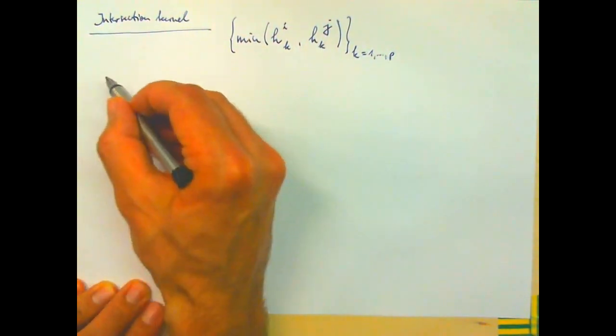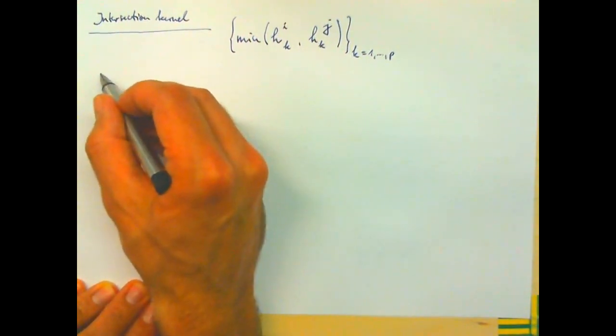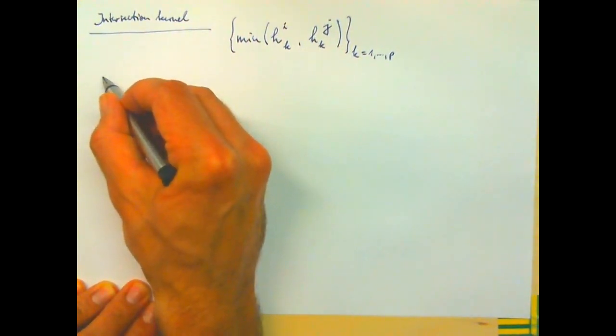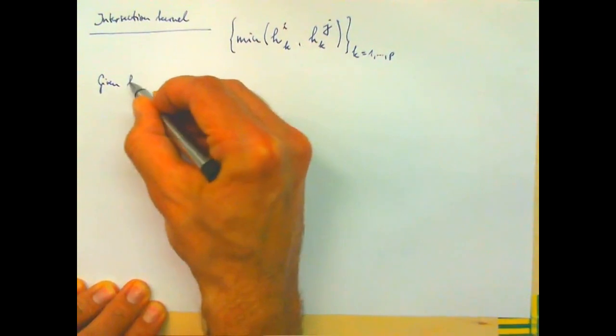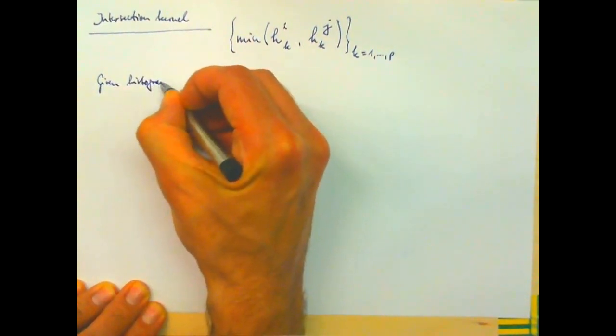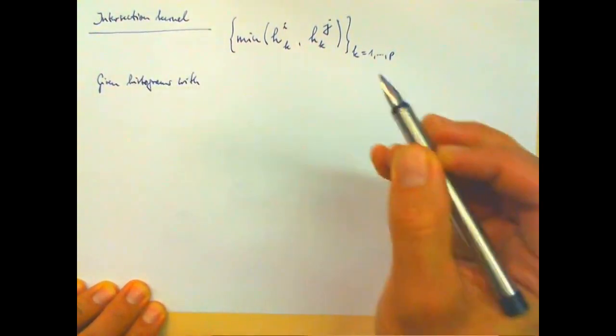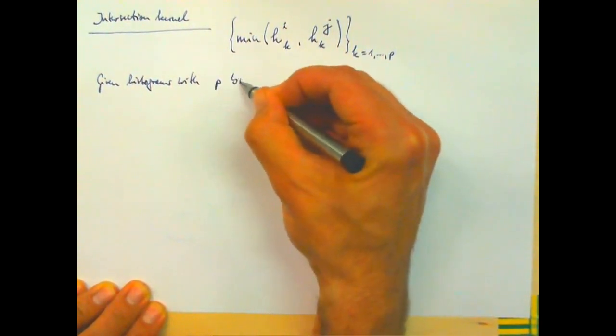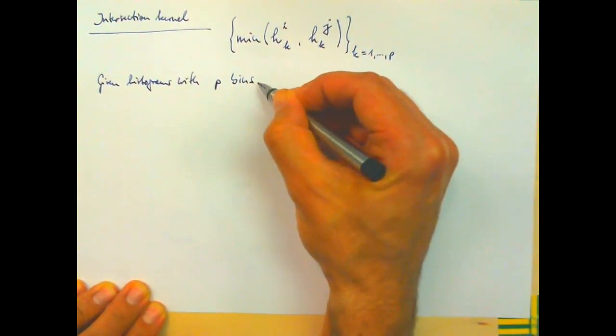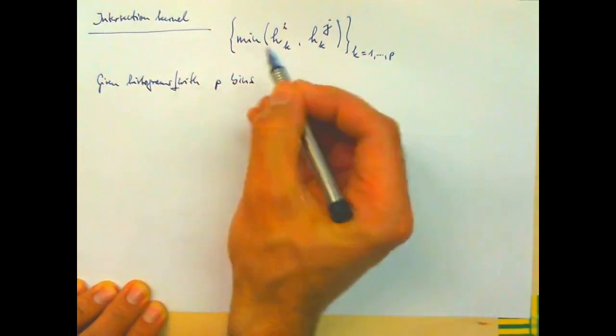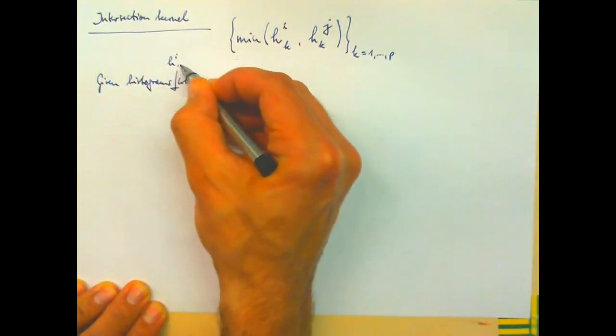So let me put this in words, and I hope that with words and formula it will be clear. So given histograms with P bins, and my histograms here I called them HI and HJ.